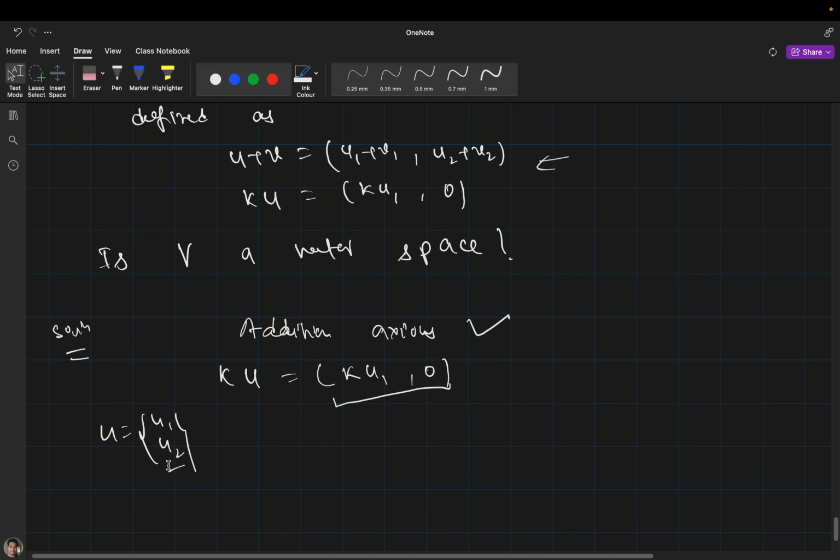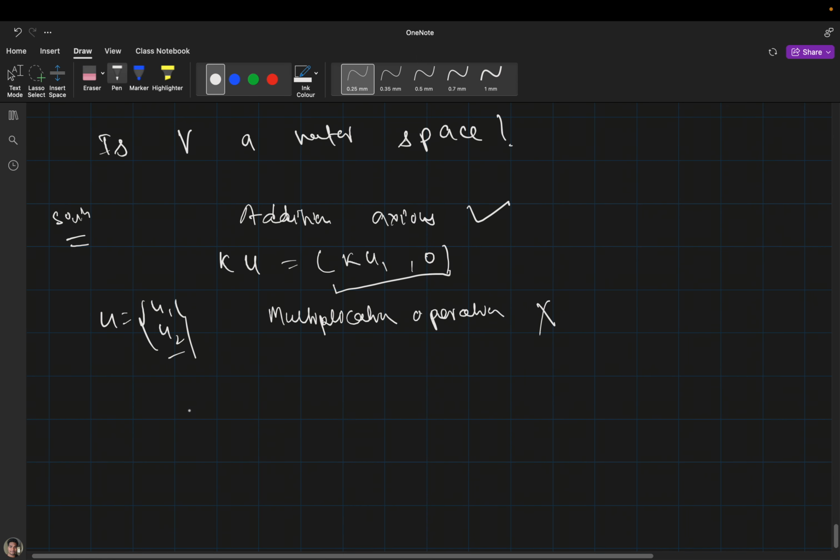That is not part of that axiom, which means that the multiplication operation is not valid.